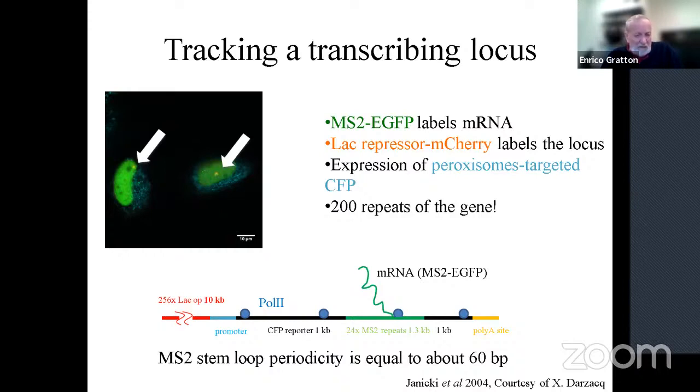So what we have is a Lac operator, which has a certain number of repeats of the Lac operator, and then polymerase 3, which will bind and will report the production of RNA, which is measured in a different color by MS2-GFP.